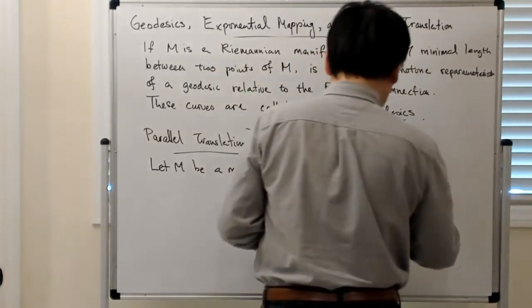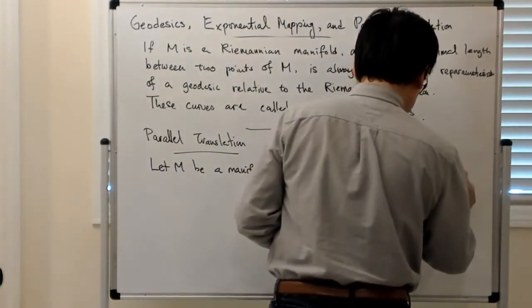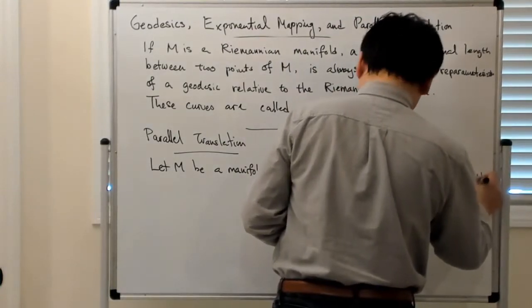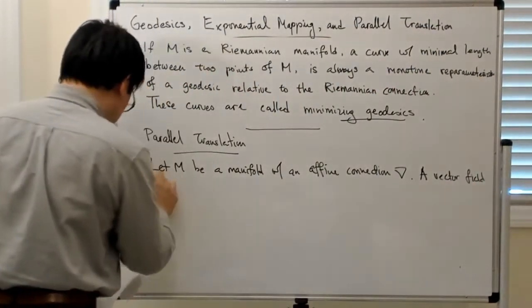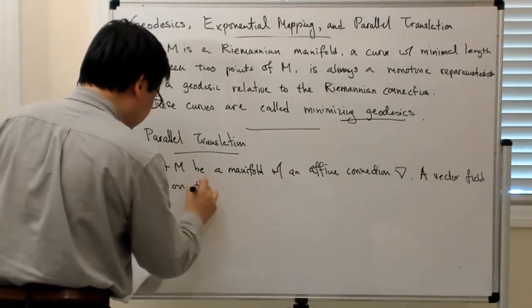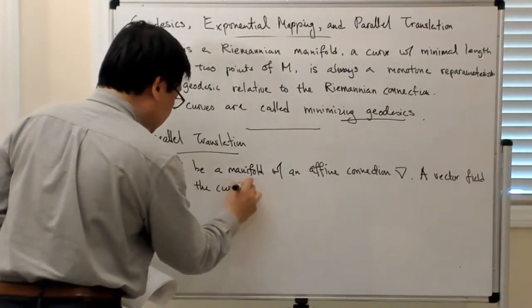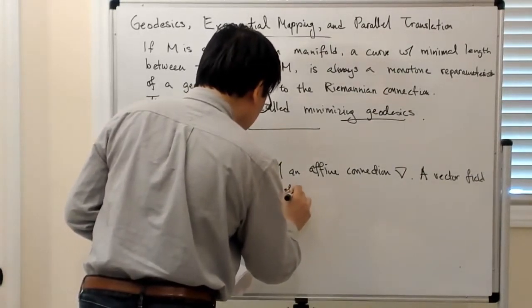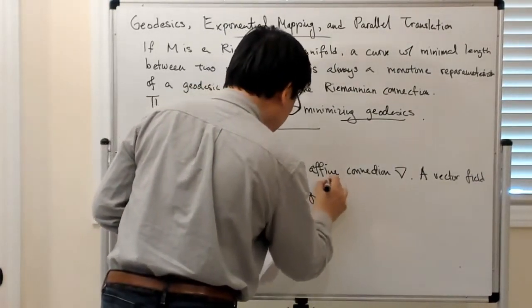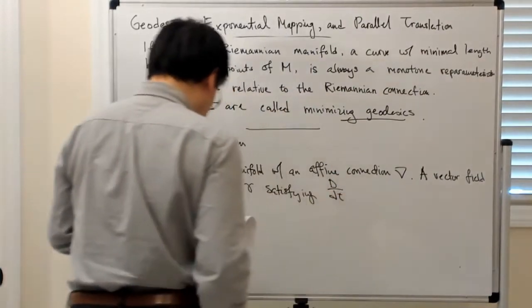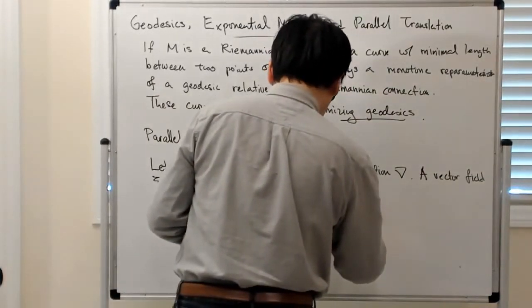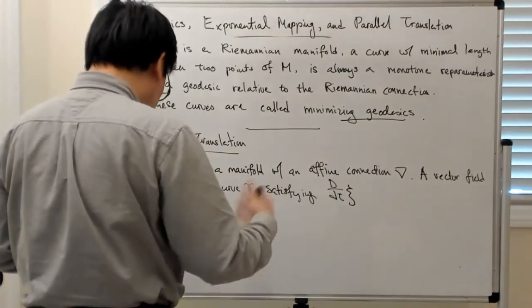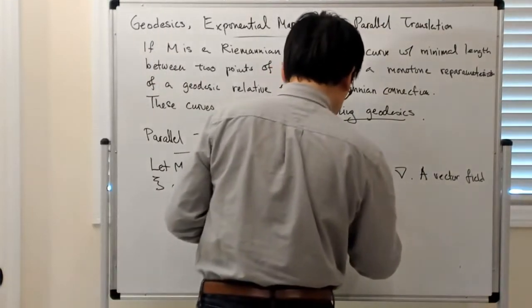The vector field C on the curve gamma, satisfying the property that this derivative of C along that curve is zero, is called parallel.